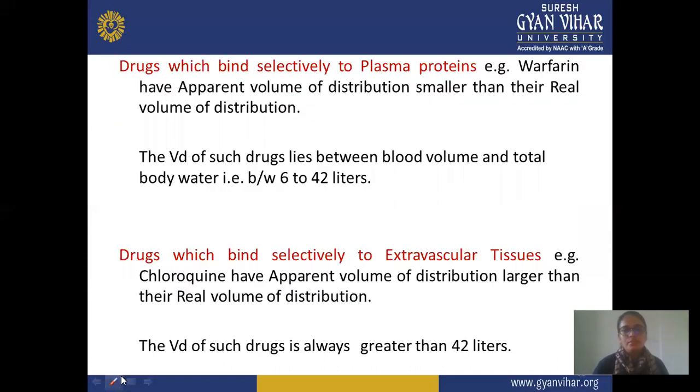Next is the drug which binds selectively to plasma protein. In this example, warfarin has an apparent volume of distribution smaller than the real volume of distribution. It depends on how much drug is bound to plasma protein, or which binding site is responsible.